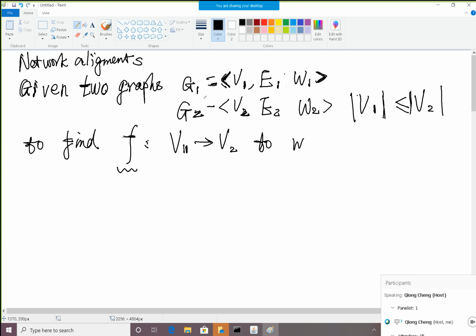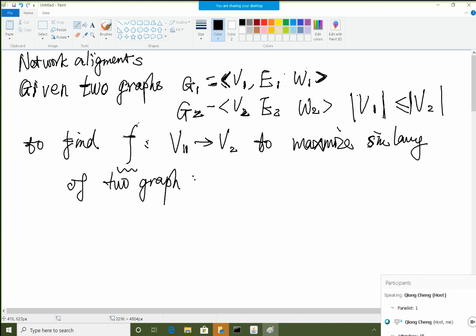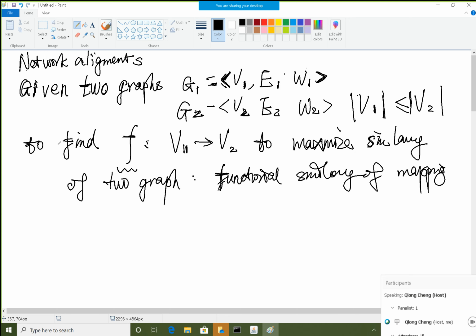to maximize the similarity of two graphs, which is represented as the functional similarity of mapping pairs, plus the topology structure similarity.